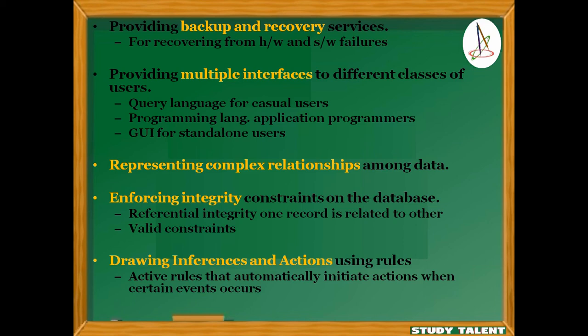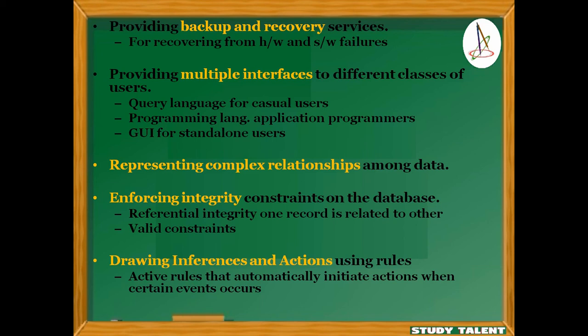For example, in referential integrity, one record is related to other records, and valid constraints are provided on our databases, which means each database has valid constraints. The constraints are nothing but the rules applied to our data and records.